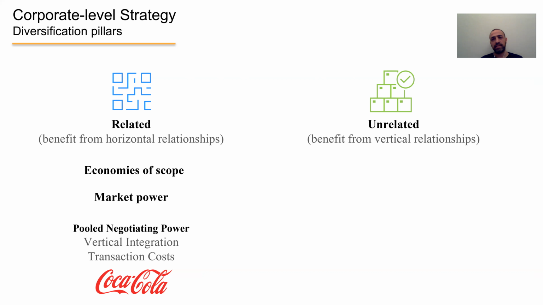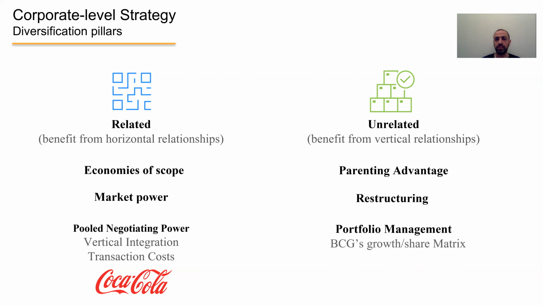So for the unrelated, you benefit from vertical relationships. You go into the businesses that are not related to you. So you will have parenting advantage because you have HR, you have financial activities, and you can take control on that firm, or you can restructure the firm.